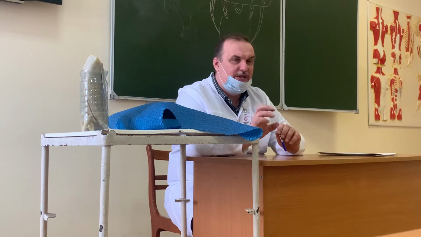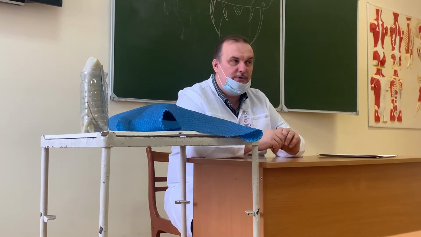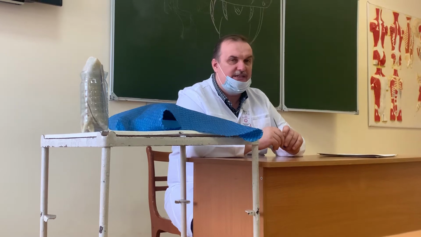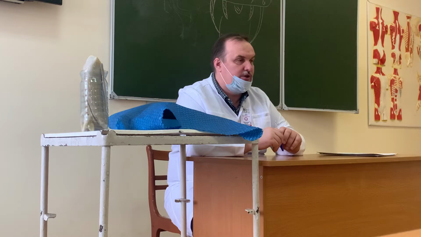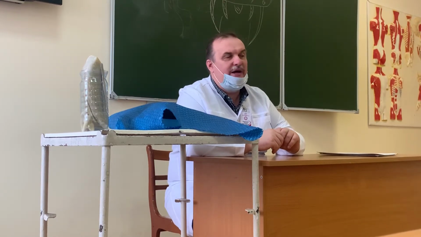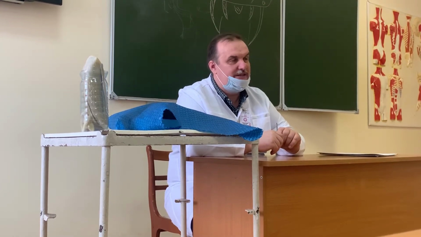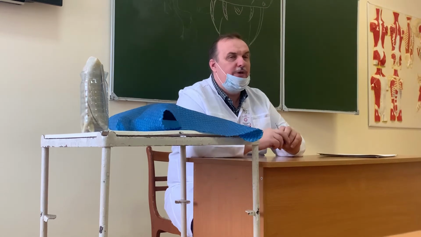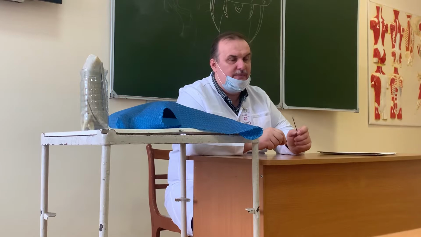And which tonsil is it? Palatine tonsil, tonsilla palatina. It is a paired tonsil in the oral cavity, and the unpaired tonsil in the oral cavity is the lingual tonsil, tonsilla lingualis. 3 tonsils we know in the oral cavity, 1 paired and 1 unpaired.